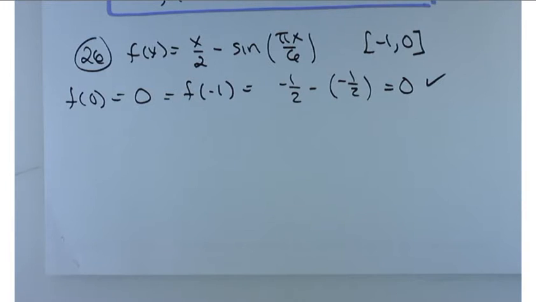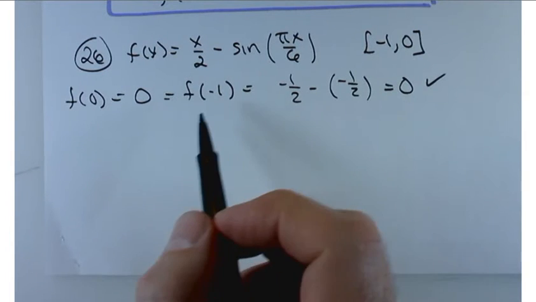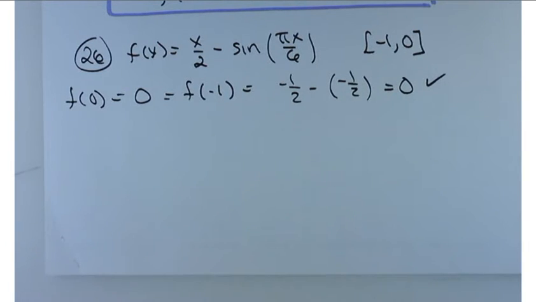What's Rolle's theorem say then? If you've got a continuous differentiable function and the value of the function at the endpoints is equal, what has to happen in between? Yeah, there's a place where the derivative equals 0. There's a place where there's a horizontal tangent. How are we going to find where there's a horizontal tangent? Perfect. Thank you. Find the derivative and set it equal to 0.